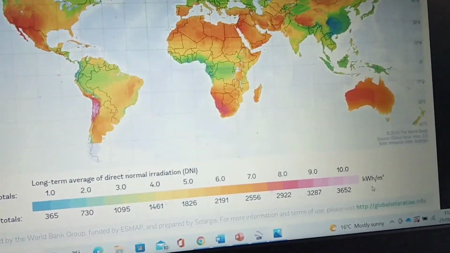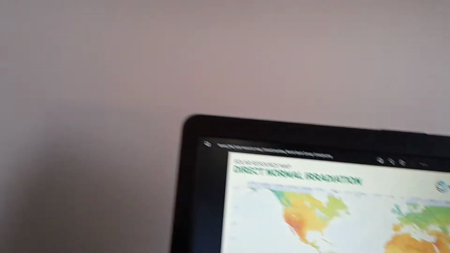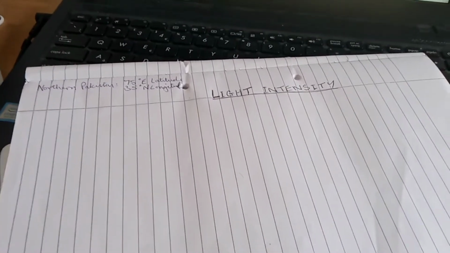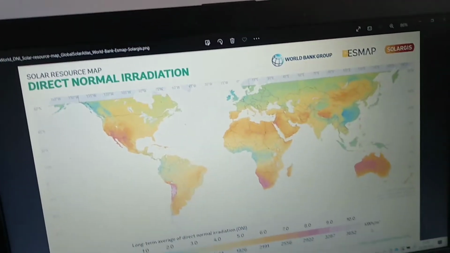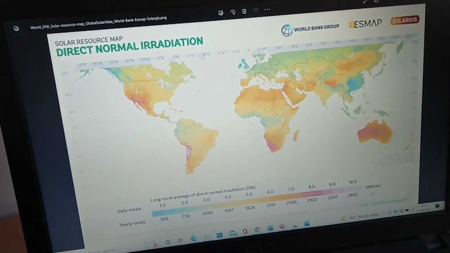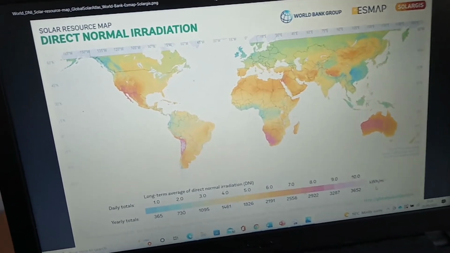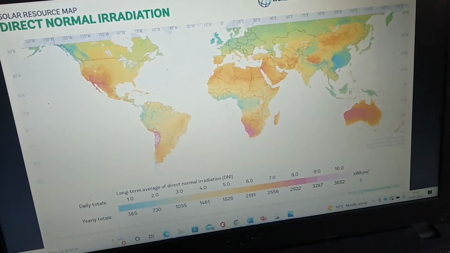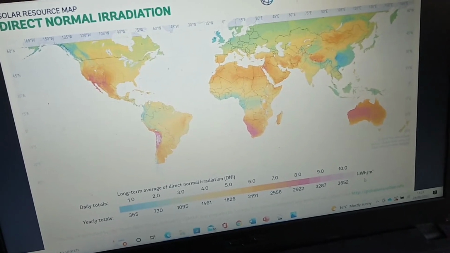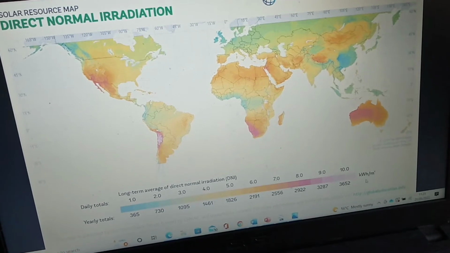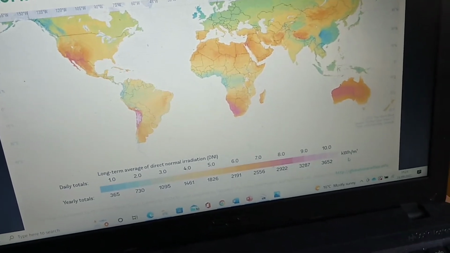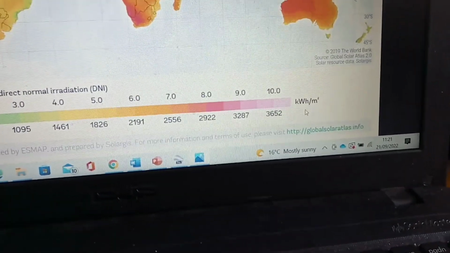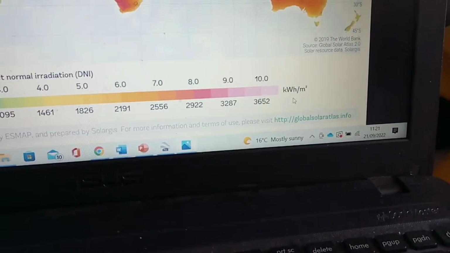So let's try and fill this blank page with a title and some evidence. It's just my brain not being able to understand the concept and the mathematical element. That's what I need to figure out. I know how to convert kilowatts per square meter to watts per square meter, because kilo means 1,000.